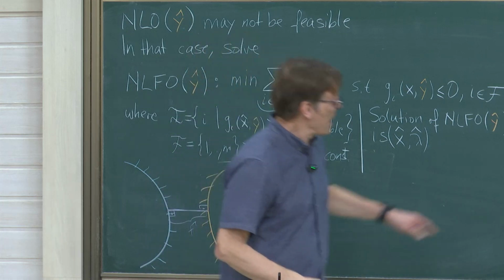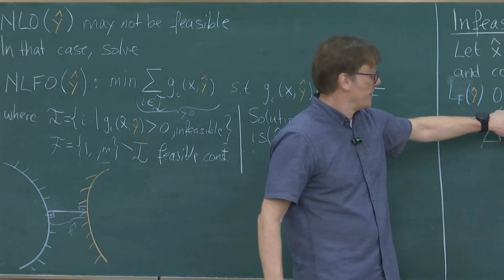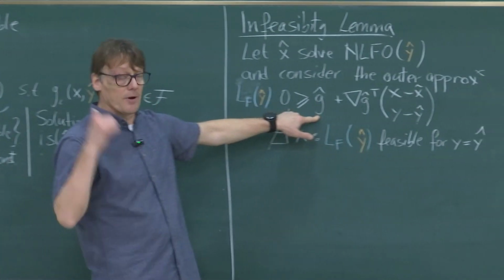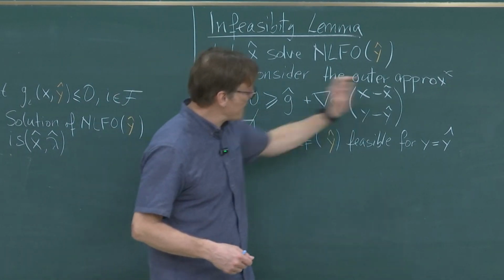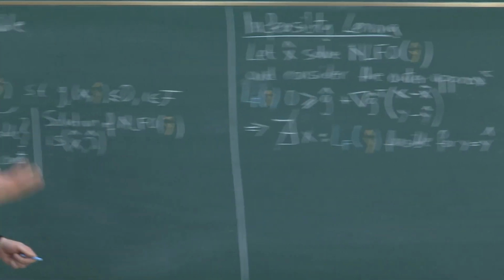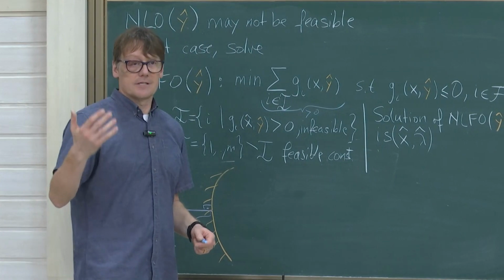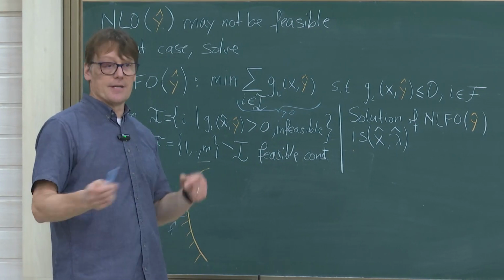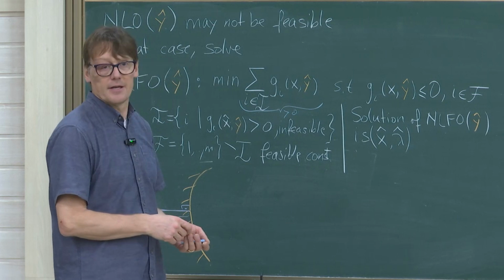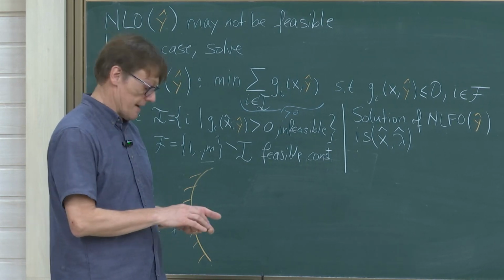And so amongst these constraints here, there are some which are strictly positive. And so when you plug in the gradient condition, you find that the gradient will vanish, and you're left with something that says 0 greater or equal to something that is greater than 0. So 0 greater than 0 is a contradiction, and that means there cannot be a feasible point. That's the proof of the infeasibility lemma.